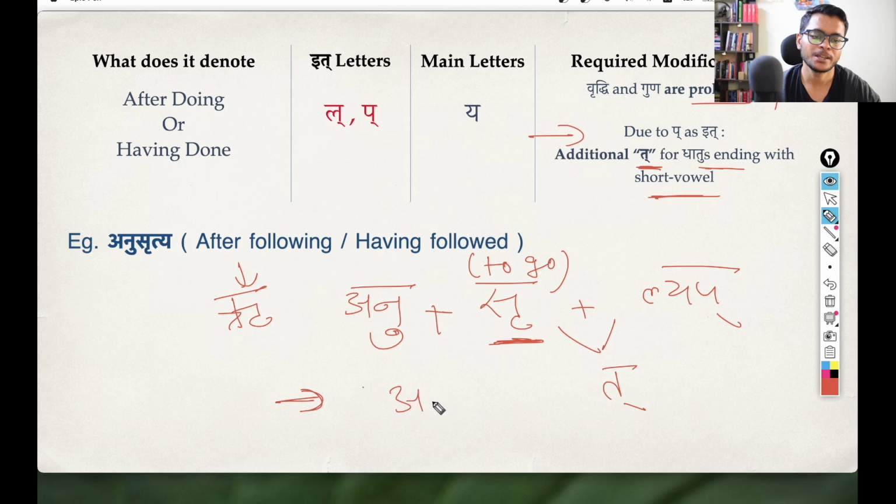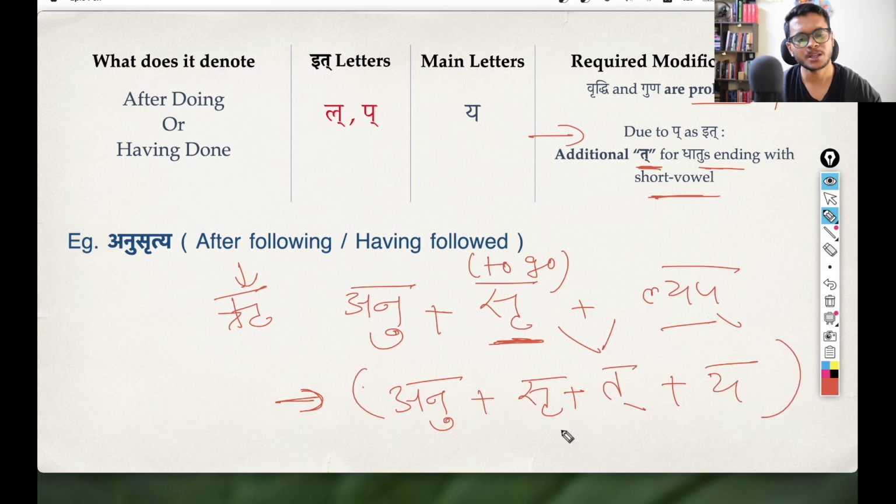So what we finally get is the upasarga anu, then the dhatu sri, then this additional ta, and from lyap we get this ya. We simply combine them together. No sandhi is happening. So this is simply combined into anusritya. This is the pada that we get. Anusritya, after following, having followed. Okay, so I hope this is clear.